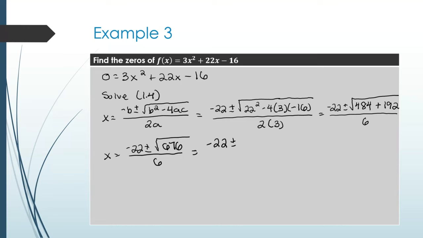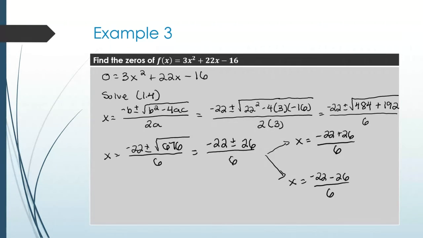And because we got a whole number, that means we could have factored this if we wanted to. So I have x equals negative 22 plus or minus 26 over 6. Now I'm going to split that into two separate equations, one with a positive and one with a negative. So I have x equals negative 22 plus 26 over 6, and x equals negative 22 minus 26 over 6.